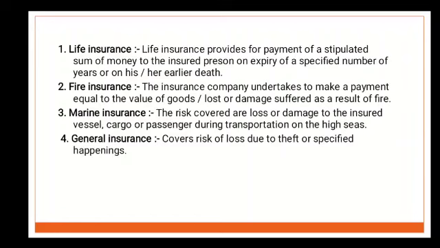Third, marine insurance. The risks covered are loss or damage to the insured vessel, cargo, or passenger during transportation on the high seas. And fourth, general insurance covers risk of loss due to drought and specified happenings.